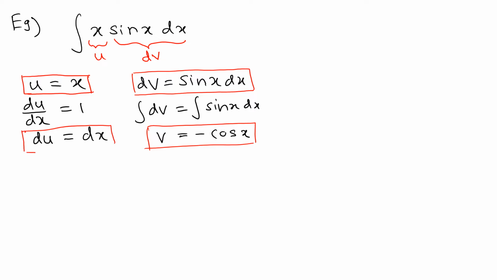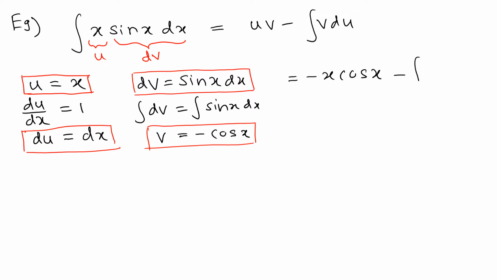Now we're going to plug into the formula. The formula says the integral of u dv equals uv minus the integral of v du. So we plug in. We know what the u function is and what the v function is, so you multiply the two functions. When you multiply them, you get negative x cosine x, and then minus, there's a minus sign, and then v du, which is negative cosine x dx.